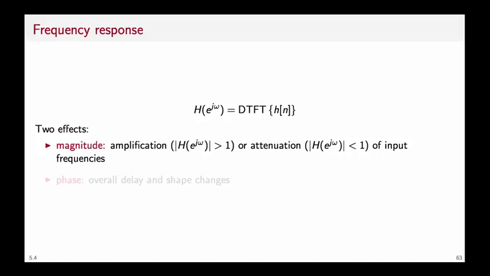The magnitude of the frequency response will determine whether certain frequencies of the input signal are going to be amplified or attenuated, according to whether the frequency response is larger than 1 or smaller than 1 in magnitude in certain frequency bands. The effects of the phase are a little bit more difficult to qualify right now, but it will be clearer later on that the phase will determine whether the signal will conserve its shape in the time domain or its shape will be altered.